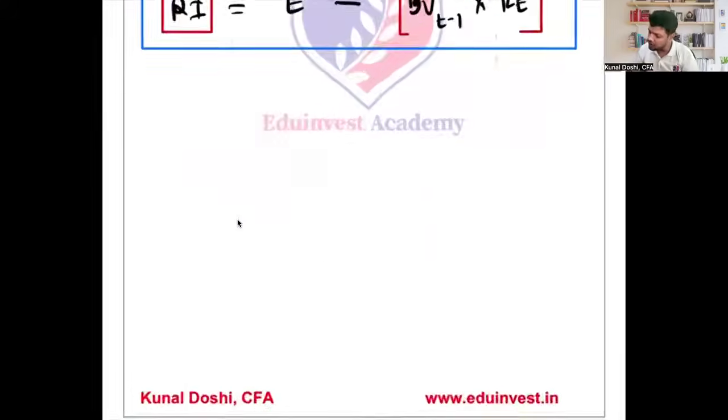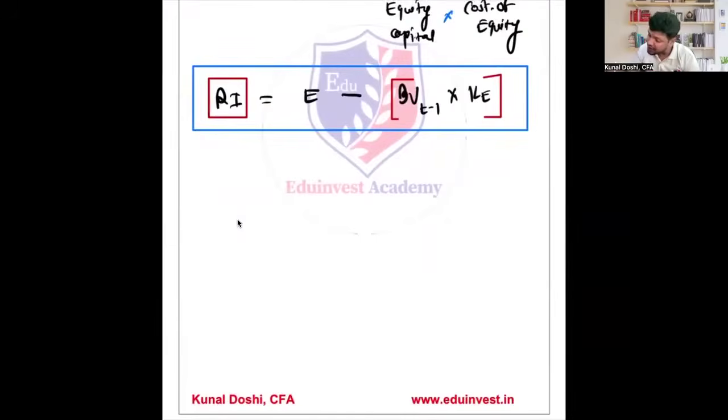So I'll write down all those formulas, and eventually I will realize that there is another formula of residual income. One formula of residual income is based on EPS or earnings. So I will write this properly. This is nothing but earnings per share. This is one way of finding residual income.